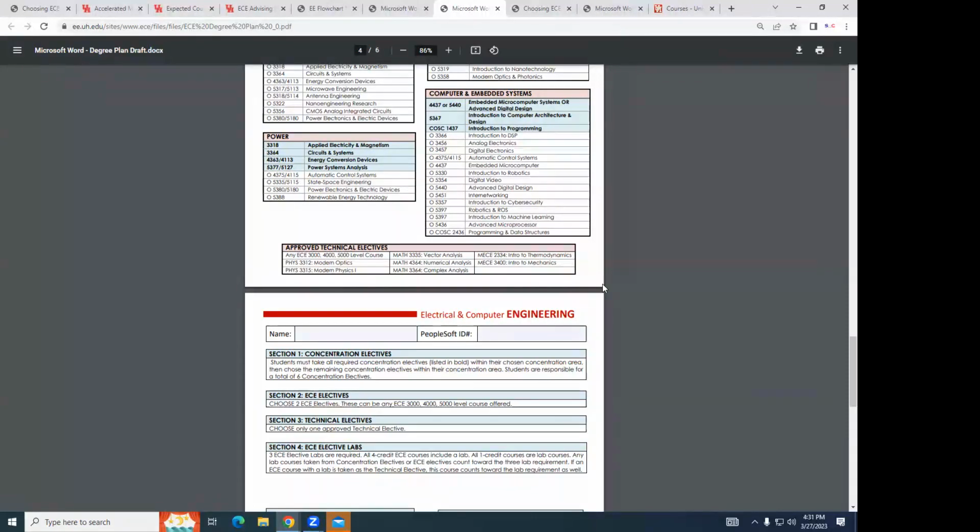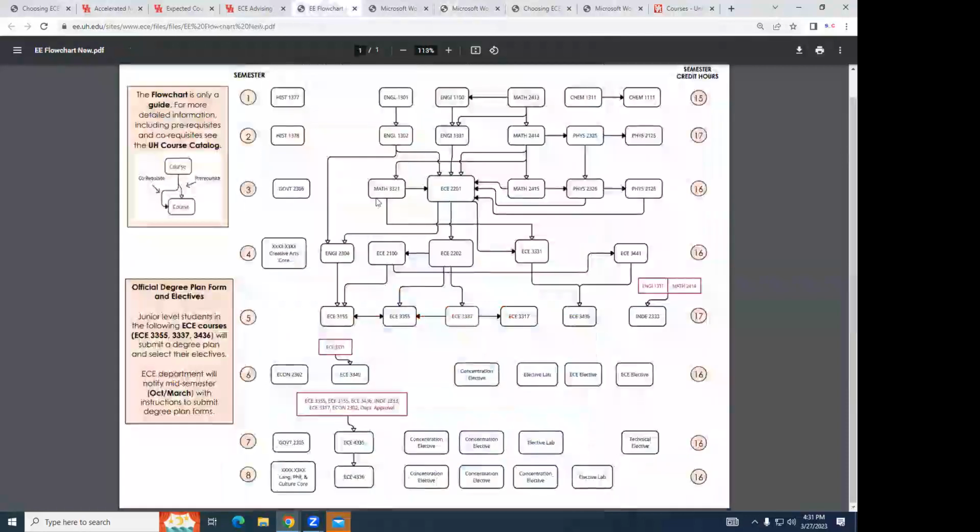Off the top of my head, you need to be in signals and systems, co-requisite, right? Or is it a prerequisite? On the EE flow chart, 3337, you're required to be in it to do 3317, which is applied E&M. You need to be in 3337 or have passed it.